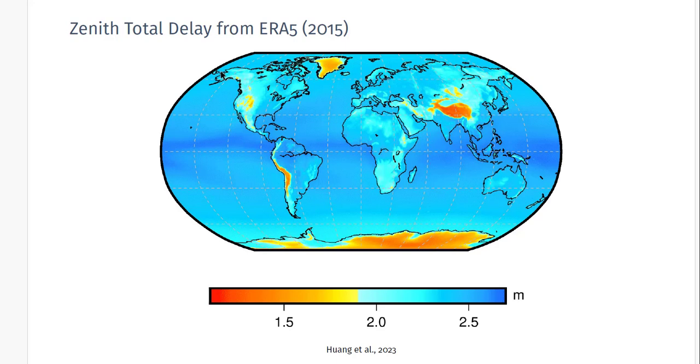You are missing that extra 4 or 5 kilometers if you're 5 kilometers up. So you have a much lower amount of delay, whereas there are some places where you have quite high delay, up to 2.5 meters, and the highest delay is usually over the ocean. So this is where you store most of the moisture, because it's also the lowest, right? You have most of the water column above you.